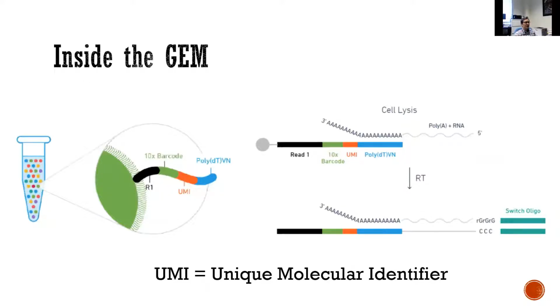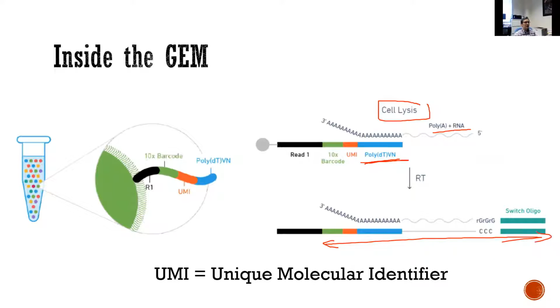For your sample, each gel bead captures one cell around itself, enclosed by the oil droplet. After the cell has been lysed, all the poly A-tailed mRNA is released. Then, because you have a poly T tail here, those poly A tails will be hybridized, and then the PCR reaction will happen to amplify this whole fragment.